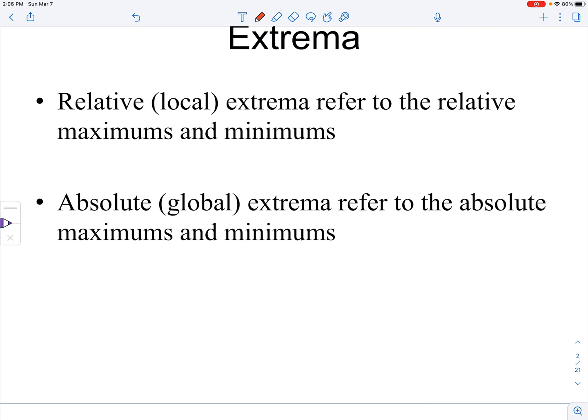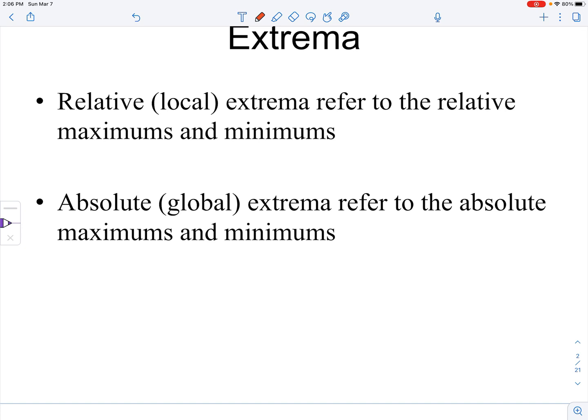Now, absolute extrema refer to the absolute maximums and minimums for a function, also known as the global extrema. So the very largest value of the function and the very smallest value of the function, right?